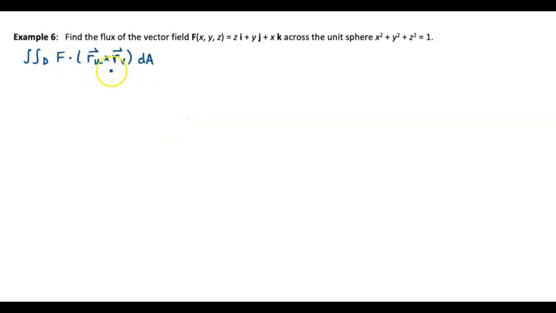And so if I want to start with this cross product, because that's often the most tedious part of this. And when I'm talking about this unit sphere, we said that the best way to parametrize this surface in this case would be with spherical coordinates.